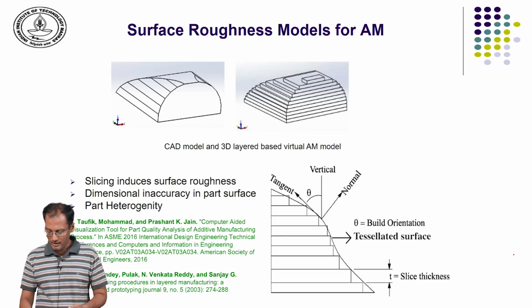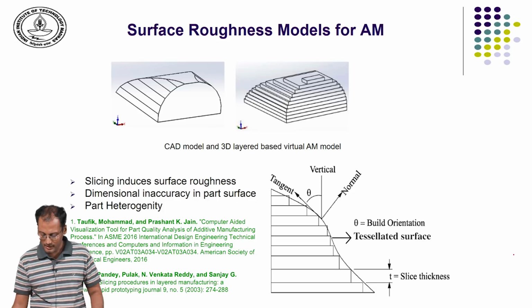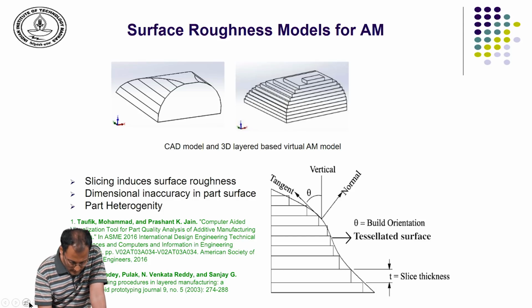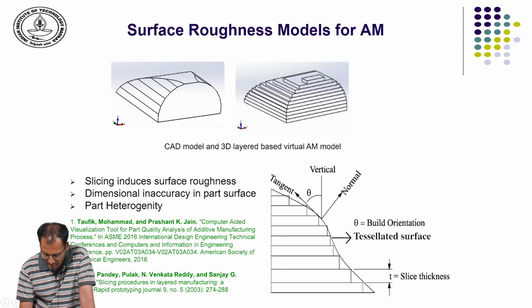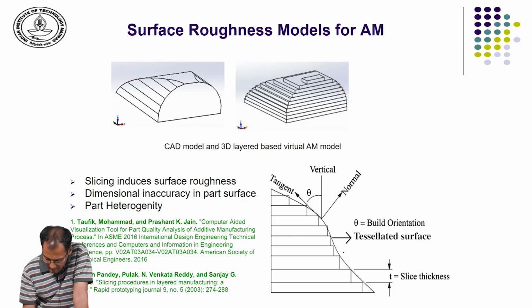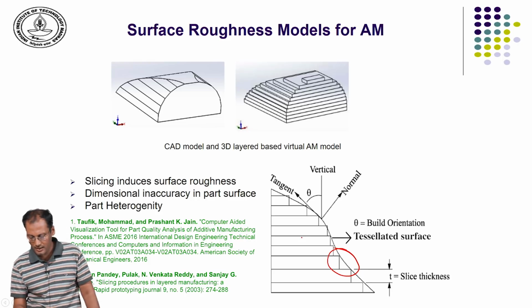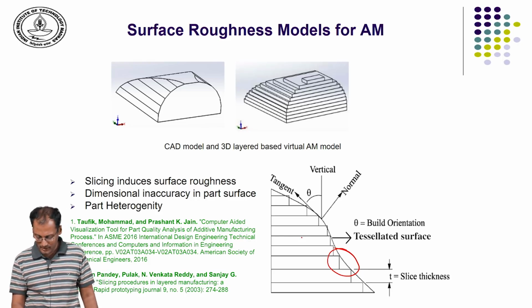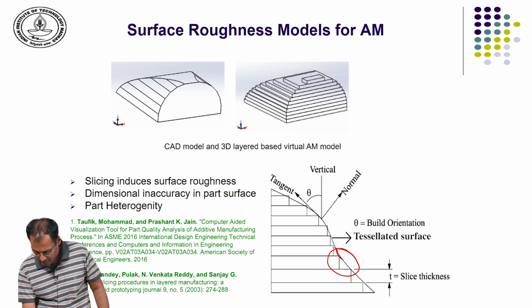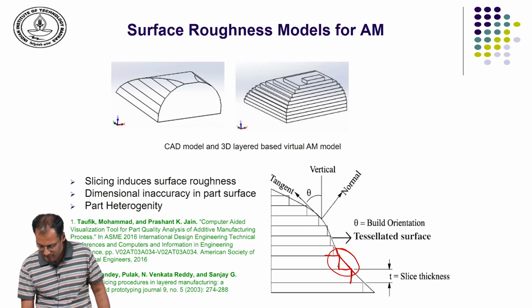So, traditionally people have been looking at the process and trying to understand the deviation of the part from the intended surface. So, this is the intended surface and the part is actually being fabricated in this fashion.